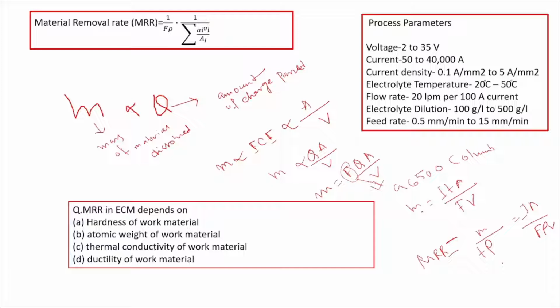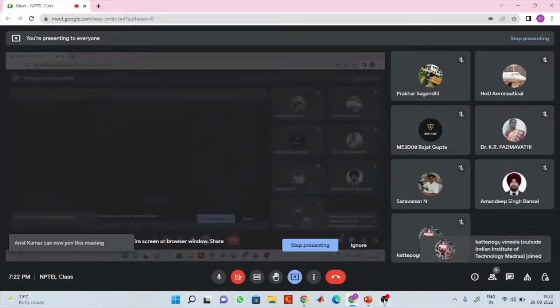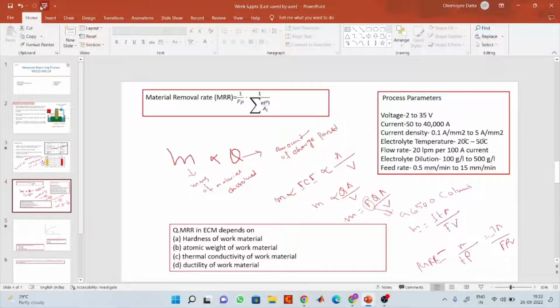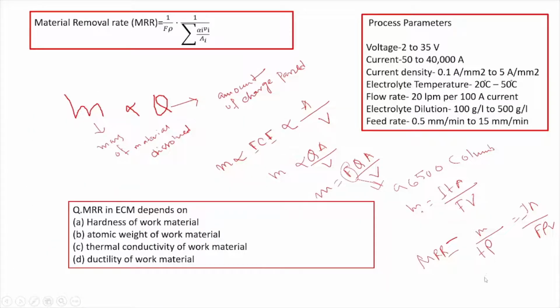Materials are quite often alloys, because we have seen that low carbon steel is also an alloy, right? So whenever we calculate this MRR and this derivation, we have to keep in mind that an alloy is a combination of some materials.